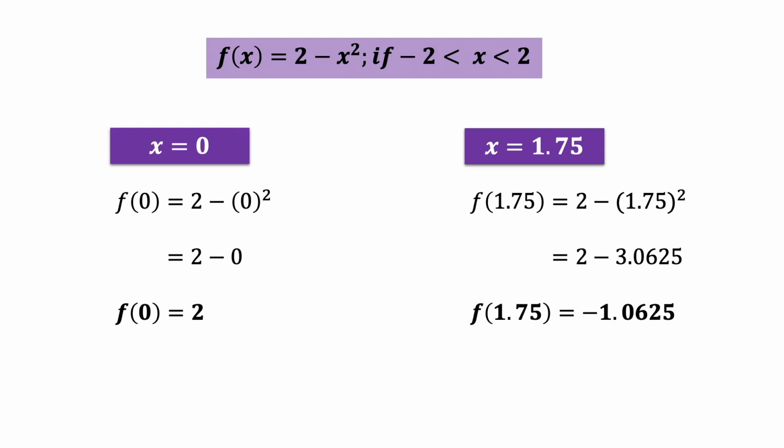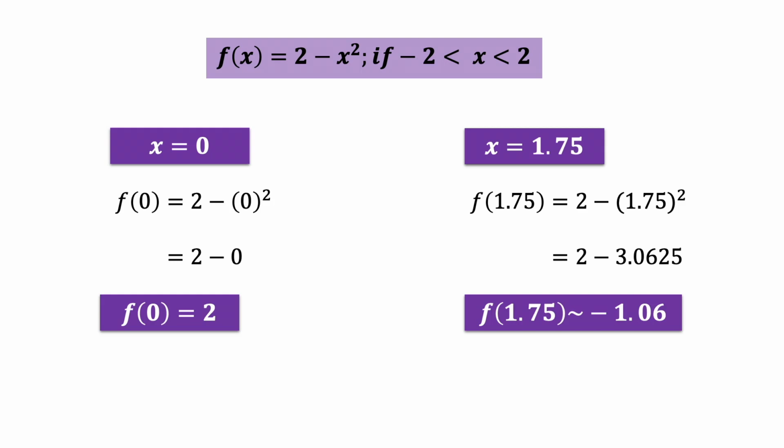We can also rewrite it by rounding it off to the nearest hundredths. Therefore, f of 0 is 2, while f of 1.75 is approximately negative 1.06.